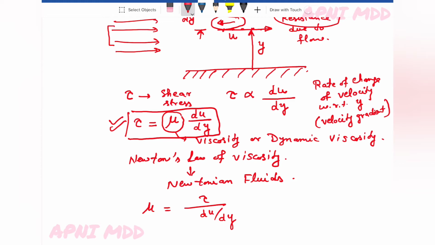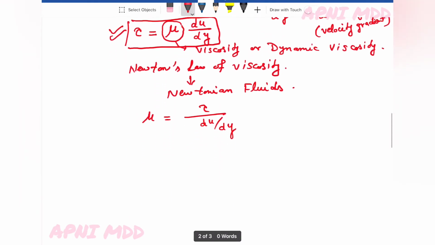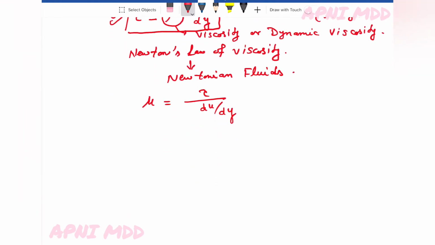Okay. Now say we consider a vertical element dy.